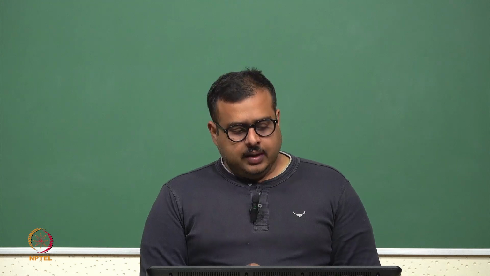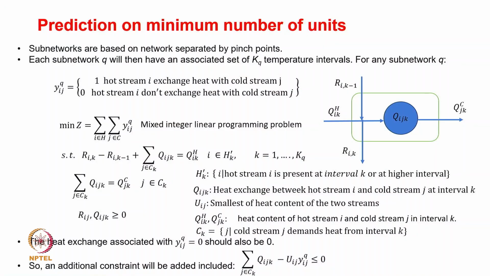We will define certain variables like previously. Each subnetwork is based on the network separated by pinch points. Let's consider a subnetwork Q. Each subnetwork Q will have an associated set of temperature intervals, which we have seen previously.